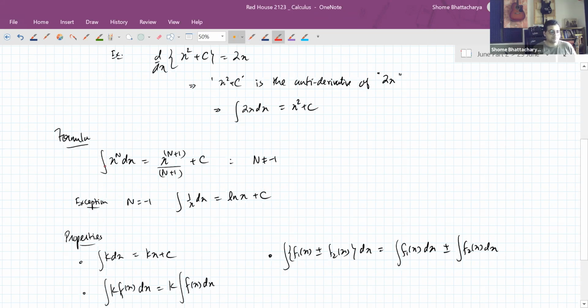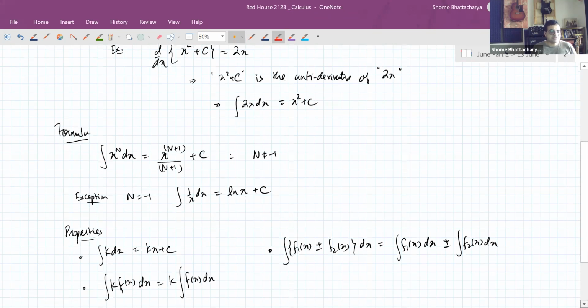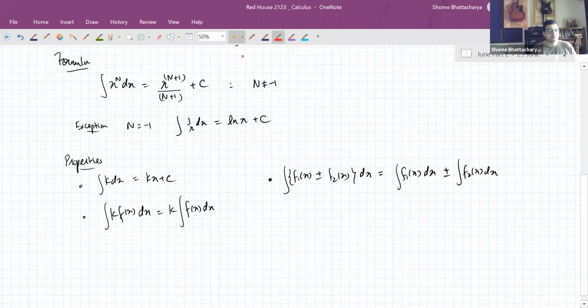Next we will do some example problems based on this, similar to the questions I have given in worksheet 6, and that is the level of questions you have to prepare for the test coming up on Sunday. So let's work out some practice problems and then we'll move on to the next level of integration problems.